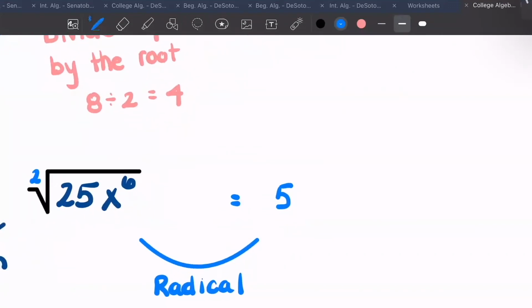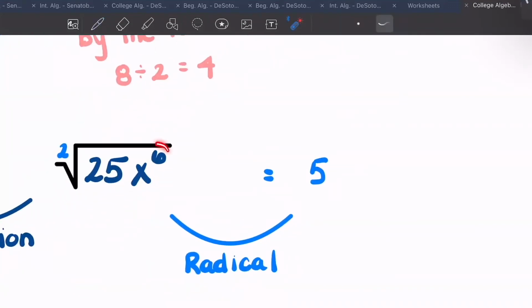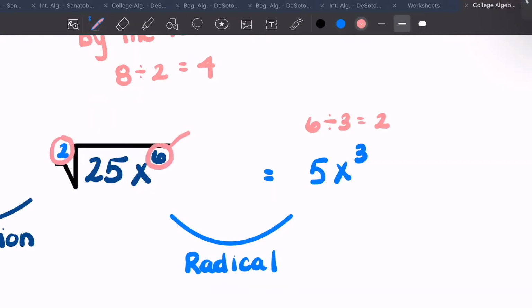You divide. So you say, okay, here's my exponent. Here's what my root is. I'm going to say 6 divided by 2. That gives me 3. And I'll draw lines.